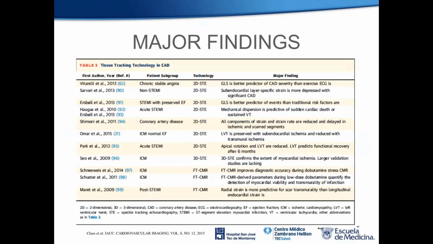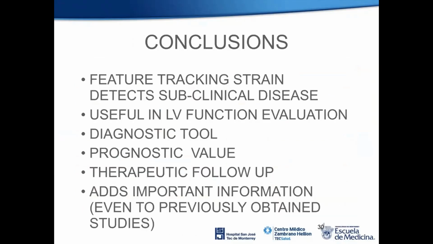There are so many papers looking at the value of strain using CMR currently, and we look forward to seeing what we can add to coronary CT with this technique.